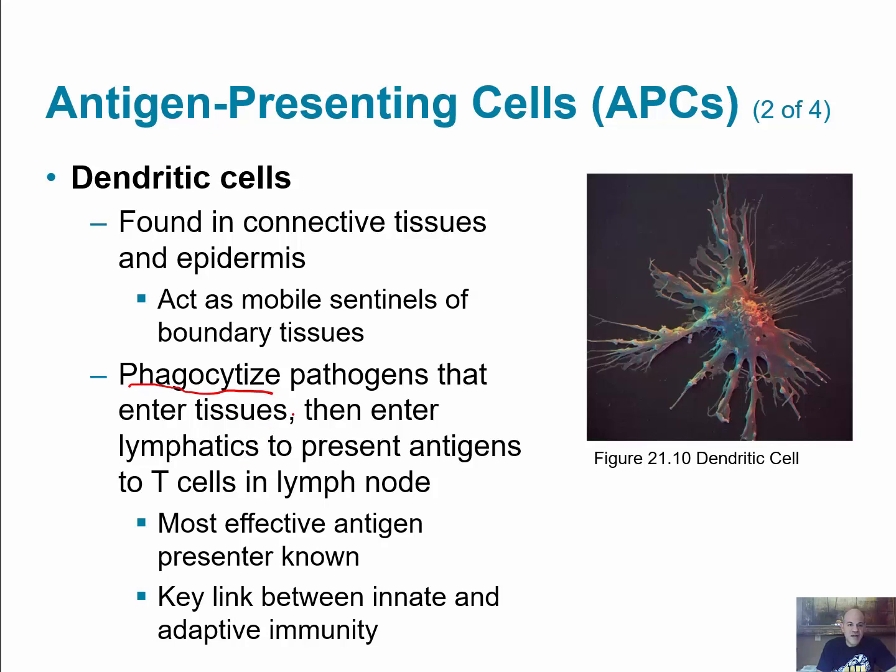Then after phagocytizing, the dendritic cells will enter the lymphatic vessels and present their antigens to T cells at the lymph nodes. Dendritic cells are probably the most effective antigen presenters in your body, and they represent a key link between innate and adaptive immunity.